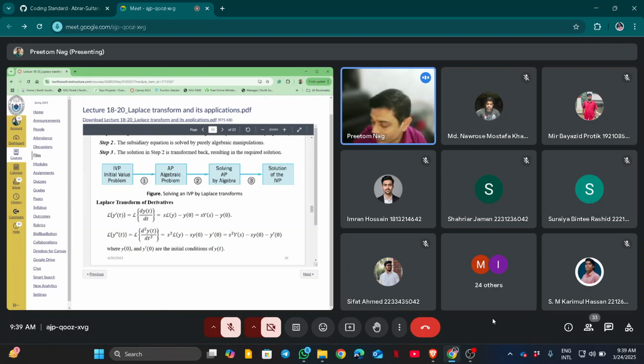If we have the Laplace transformation for the first order derivative, then using the analytical formulation we get s times the Laplace transformation of y, minus y at 0. Here s stands for the frequency variable, and y at 0 is the initial condition. So L of y prime is s Y(s) minus y0.